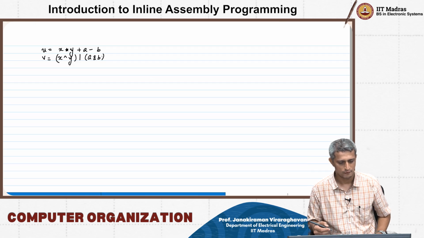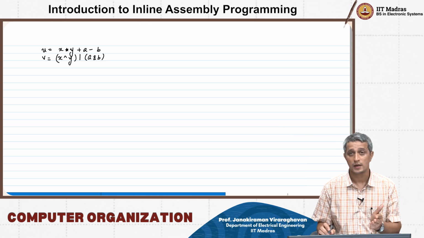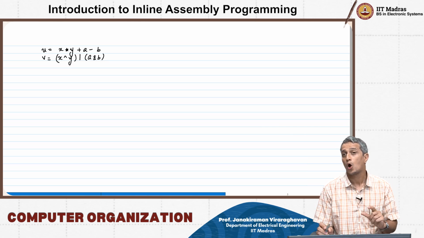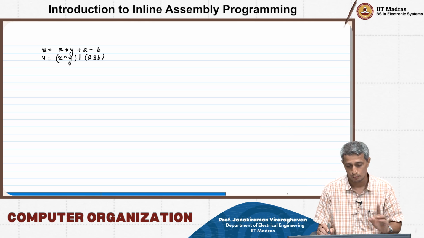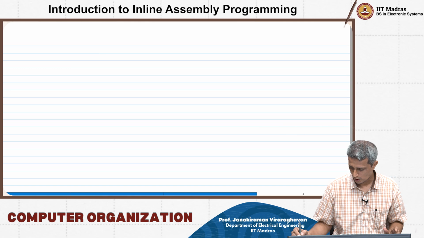Yeah, very good. Remember that earlier also I told you that we have added brackets, and therefore the order in which you do this is very, very important. So if I want to do this, what should I do?